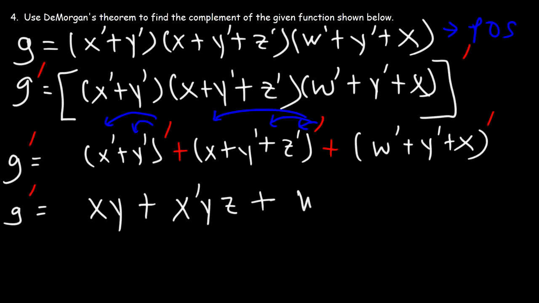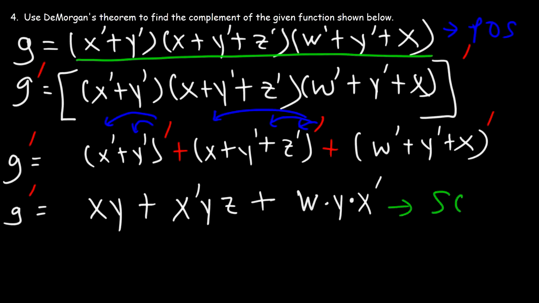So w prime becomes w, y prime becomes y, the plus sign becomes multiplication, and x becomes x prime. So now we've converted a POS expression into a SOP expression, a sum of products. We have the sum of three product terms.